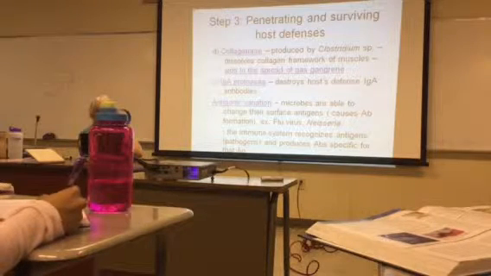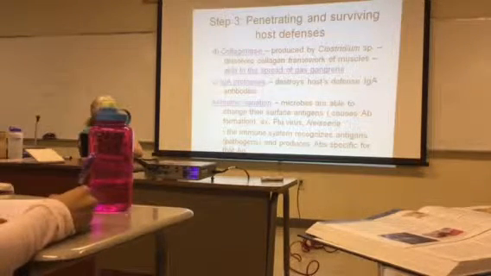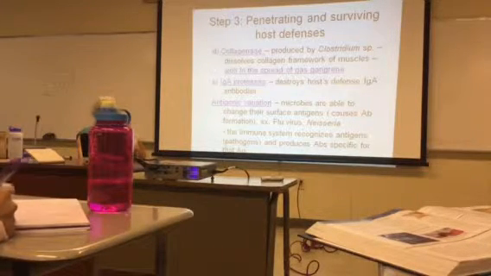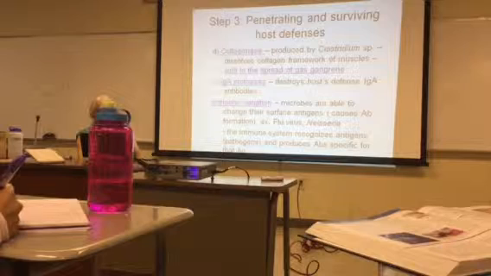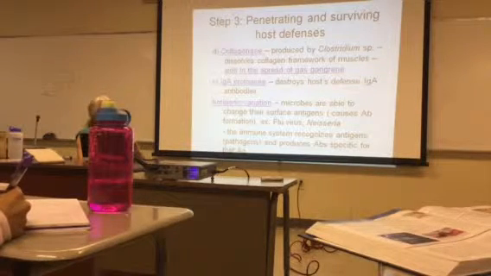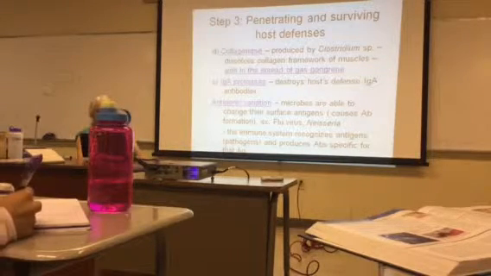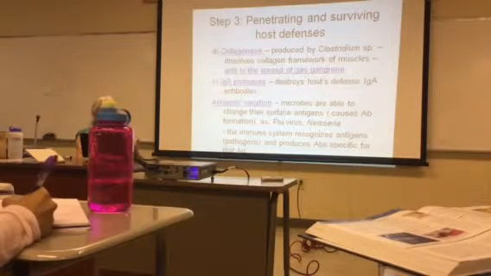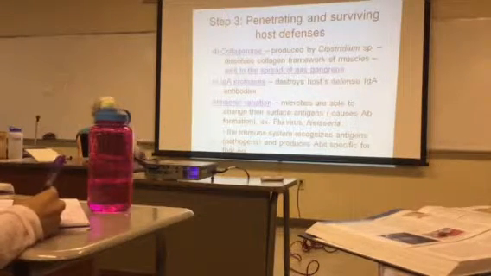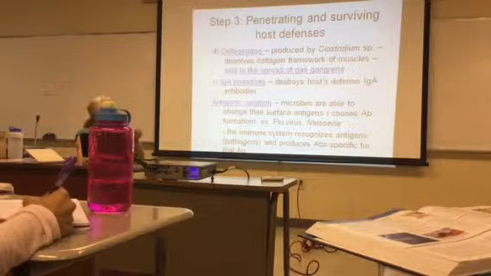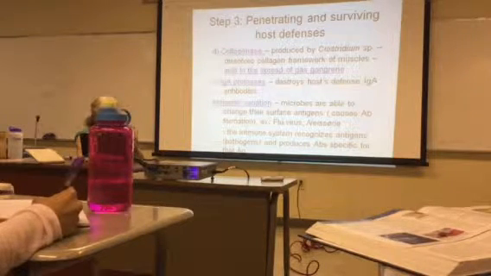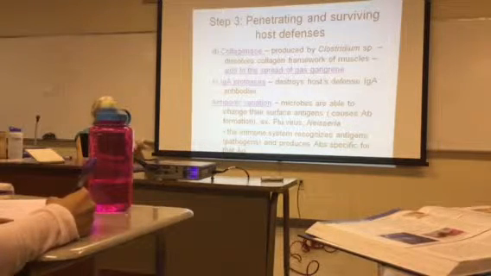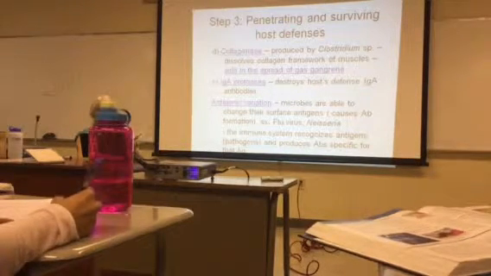And some viruses and bacteria have what's called antigenic variation. That's where microbes are able to change their surface antigens. When you have an organism, the antigen can be on the surface, on the fimbriae or whatever, and your immune system recognizes that antigen and starts making antibodies specifically against it.